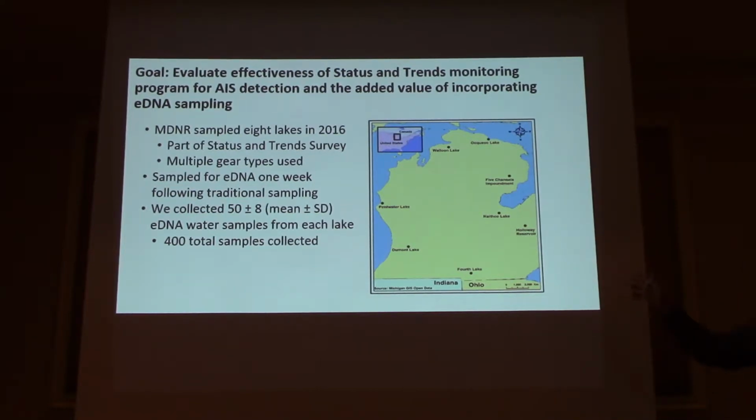We chose 8 of those lakes, and within those lakes, the state fisheries division will develop a stratified random sampling regime using multiple different gear types with the goal of sampling the entire fish community. So after they did that, we'd go into the same lake and collect about 50 water samples, and in total over the 8 lakes it was about 400.